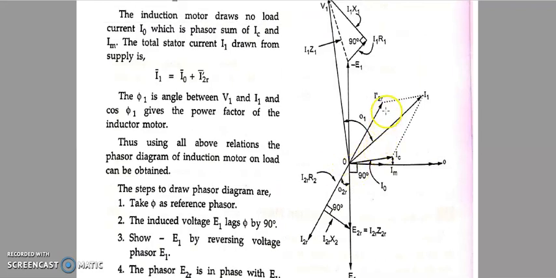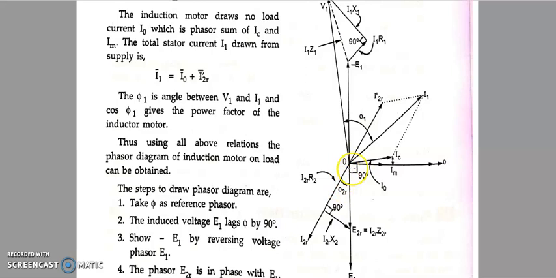But I told you that initially I went with the upper part of the phasor diagram, next with the bottom part. I directly took I'2R at a certain angle here, without knowing whether it is lagging or leading. If it is lagging, then obviously whatever we did initially was right.